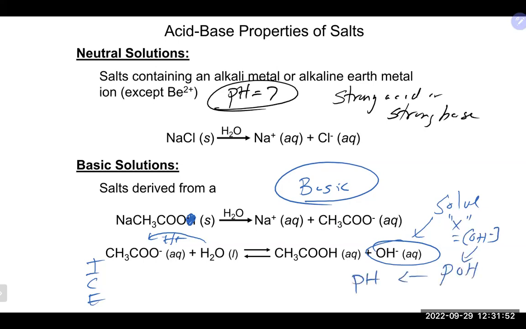So we could actually get the actual pH value here by, again, doing an ICE table. Once again, you will probably have the wrong K value given to you, so you'll need to do a little Ka times Kb equals Kw situation to make sure you are using the correct K value, which is probably 99% of the time where people screw up. They use the wrong K value and stuff like that on these things.